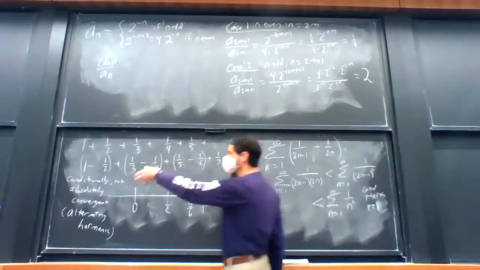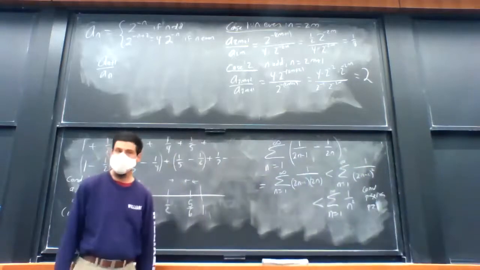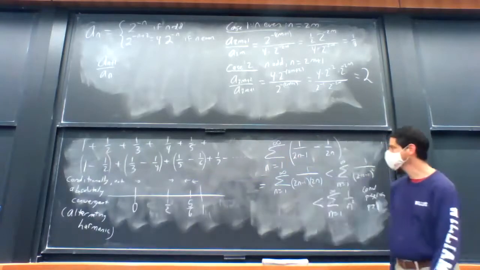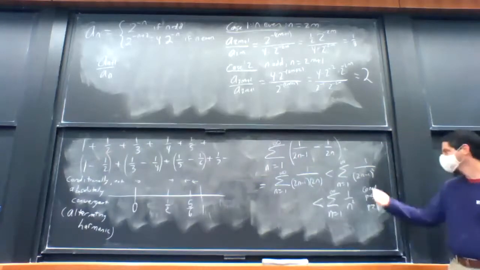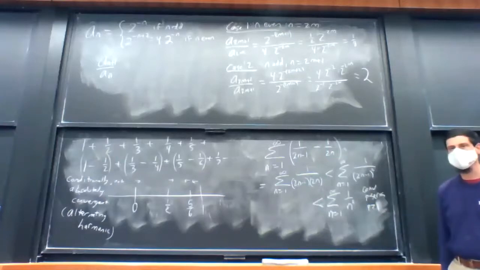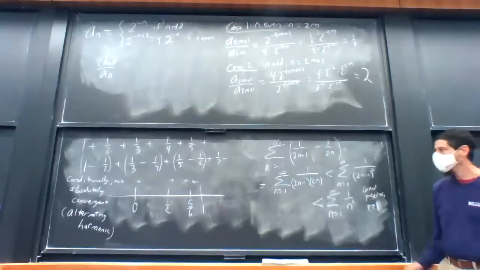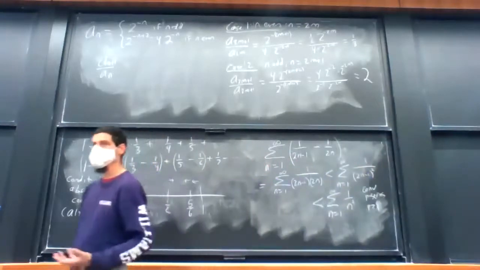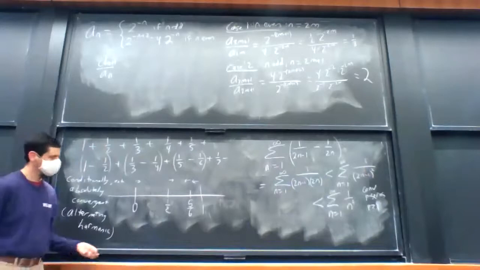So by grouping it in terms of 2 like this, we can see that the sum is going to be finite. And we can even get a little bit of a sense of what the size is. It kind of looks like the sum of the squares. All right, so this is a great example that really highlights the issues with alternating series.